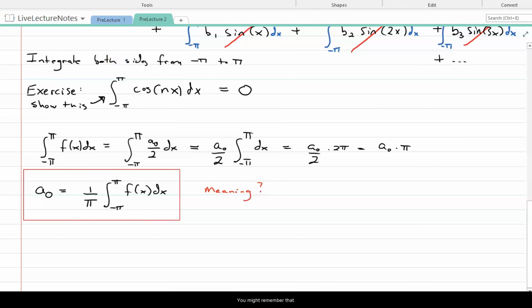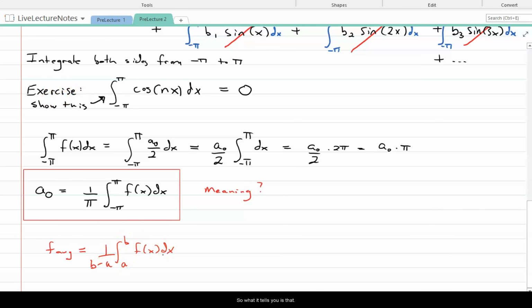You might remember, maybe you learned this in your calculus class, that the average value of a function over some interval from a to b is 1 over b minus a times the integral of f of x dx.